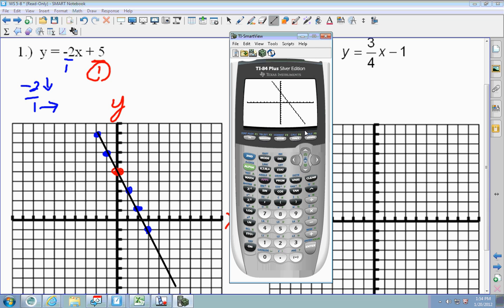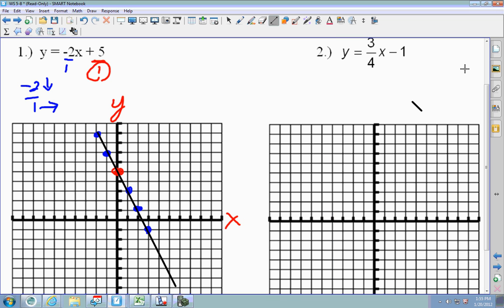It is a negative slope, so my line is decreasing and my y-intercept is up here at 5.